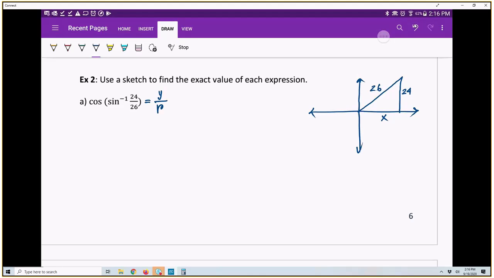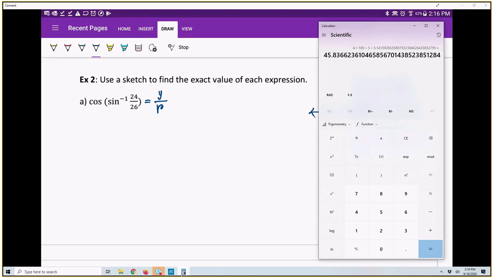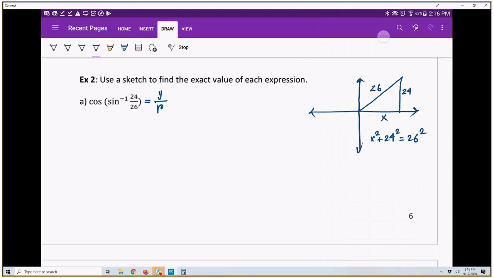Okay, so think about this as finding the value of x. So x squared plus 24 squared equals 26 squared. So let's use our calculator to find x squared. 26 squared is 676.